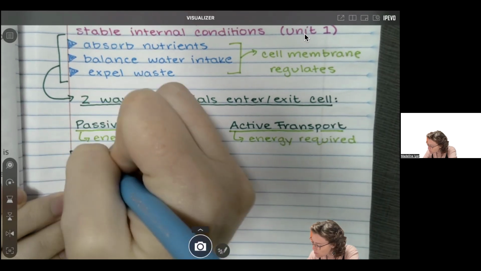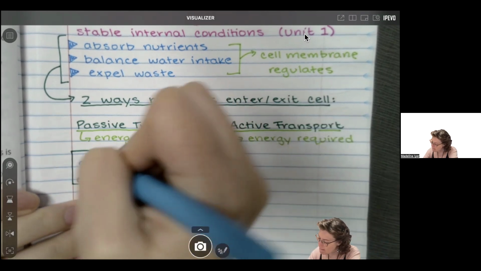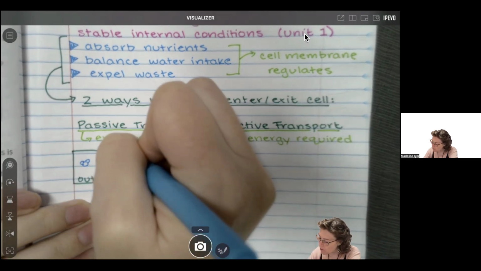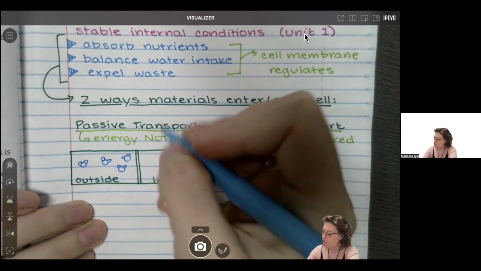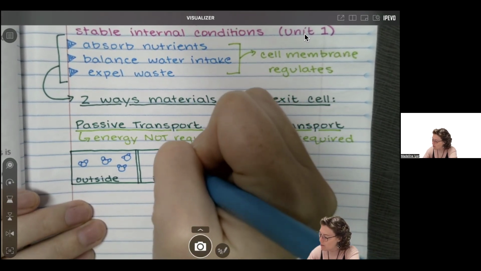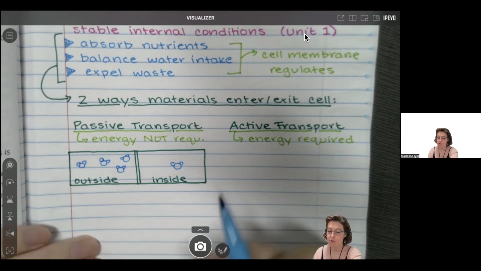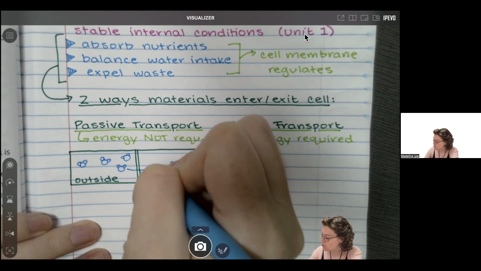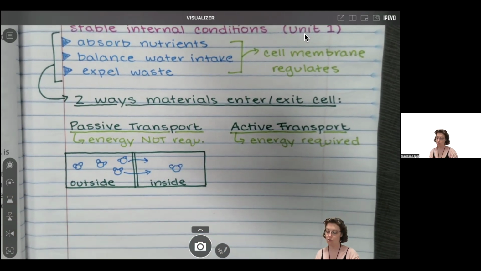Little Mickey Mouses. Oh, they're so cute. Gummy bears, though, they're squishy, but they're not like sloshy. So we can assume there's very little water inside a gummy bear. So naturally, the water is just going to diffuse from an area of high concentration to an area of low concentration.